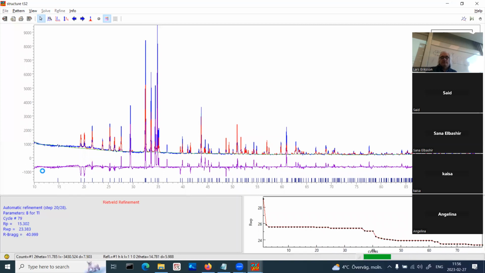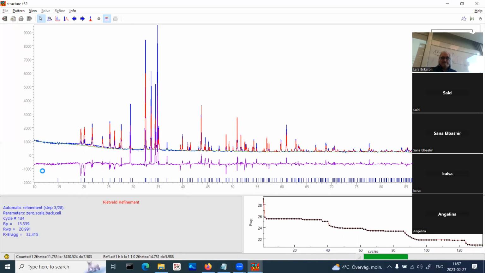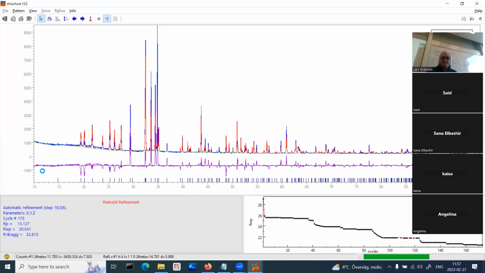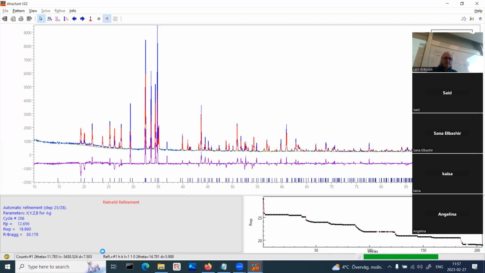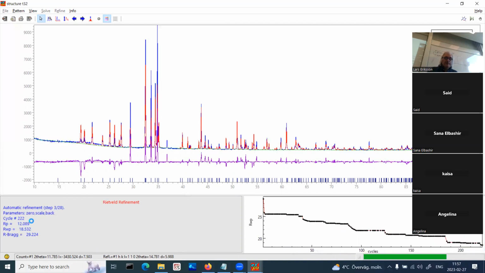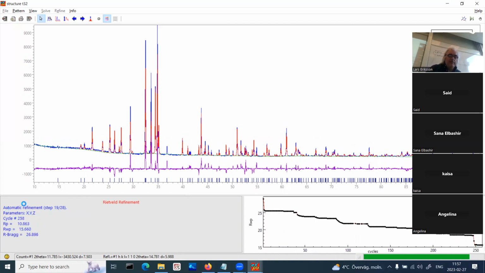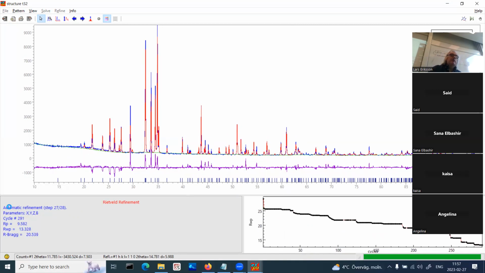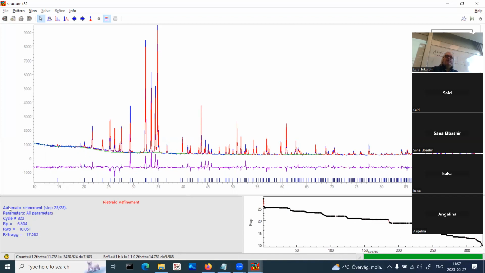Perhaps not yet. It improves, but now we see here what it does for this. Expo does a lot of cycles in refinement, but only refines a few parameters in each cycle.